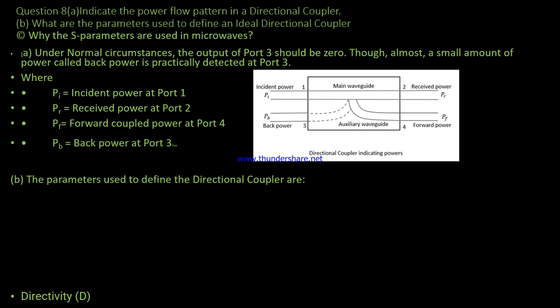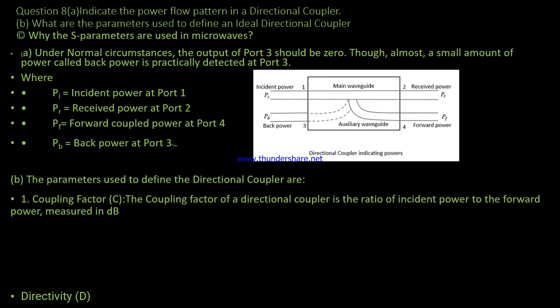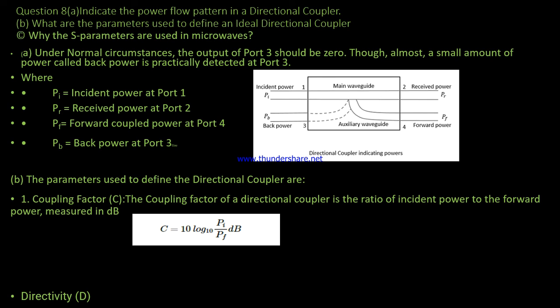So the B part, the parameters used to define the directional coupler are, number 1, coupling factor. The coupling factor of a directional coupler is the ratio of the incident power to the forward power measured in dB, and is given to be C equals 10 log P incident, that is P subscript I, all over P subscript F, which is the forward power, in base 10 logarithms measured in dB.